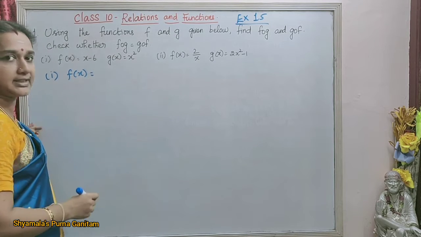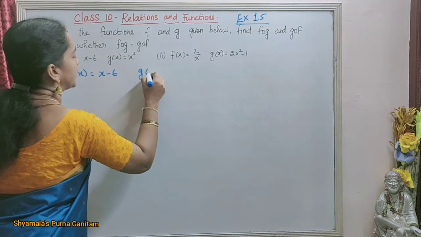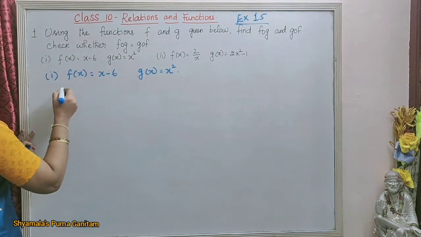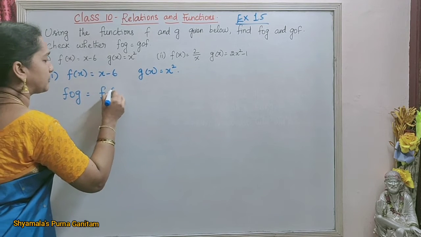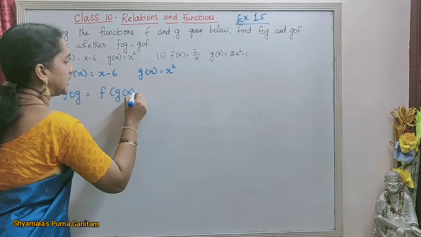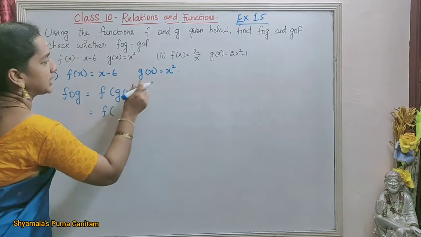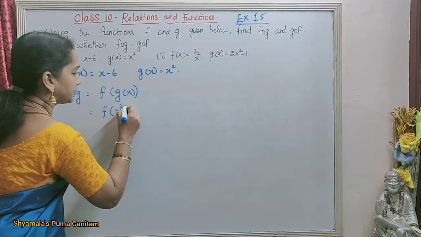In that, f of x is given as x minus 6 and g of x is equal to x squared. First we will find f o g. This means f of g of x. Like this it has to be written. So f of, what is the g of x value given? The g of x value is given as x squared.